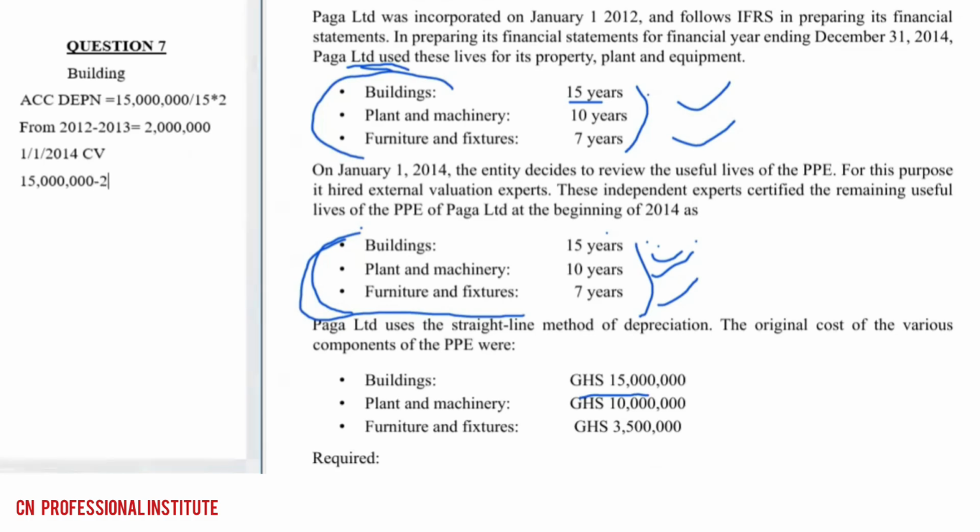So minus 2 million, and that will give us 48 million. So 48 million is the carrying value as at 1st January 2014.